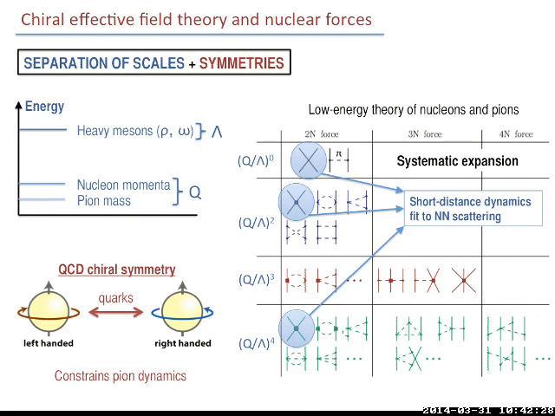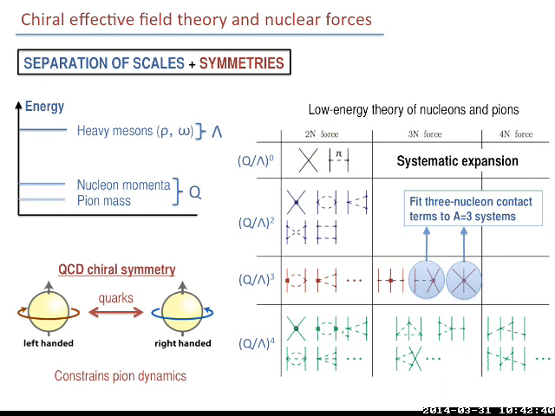As far as the 2-body systems go, at short distances you have unresolved dynamics, which are encoded in contact terms that you fit to NN scattering phase shifts. In the 3-body sector, you have two short distance parts and associated low energy constants, which are typically fit to, say, the triton binding energy and lifetime.